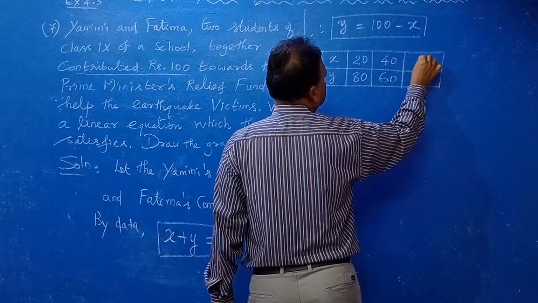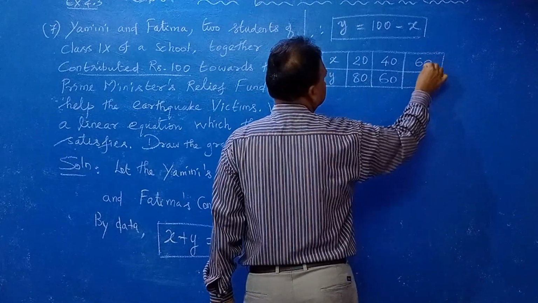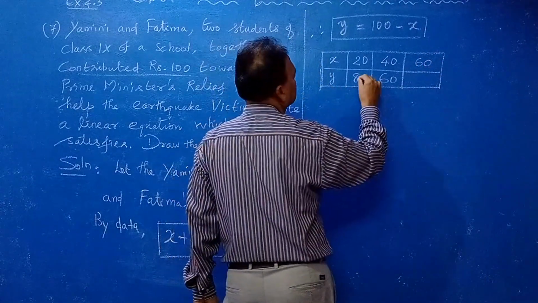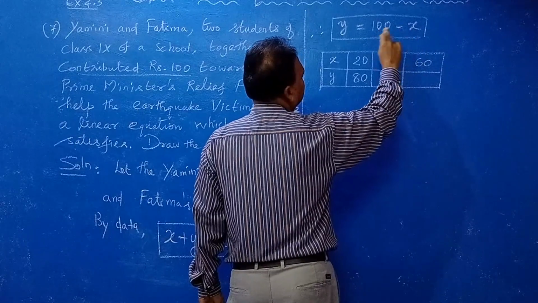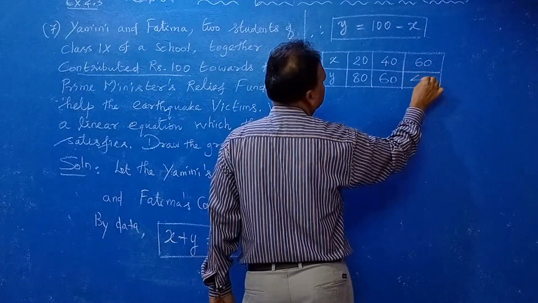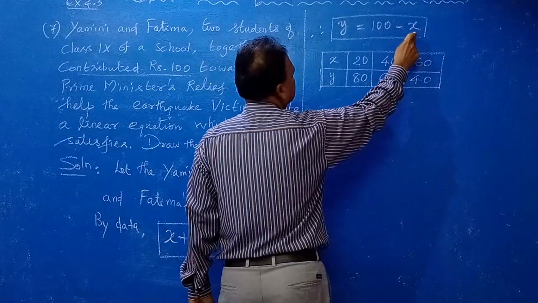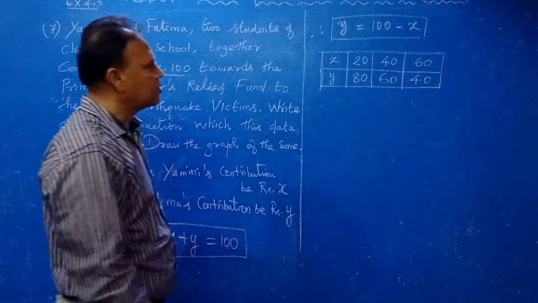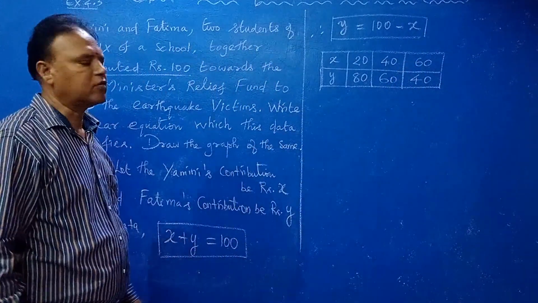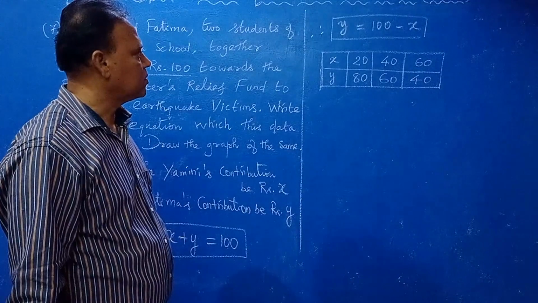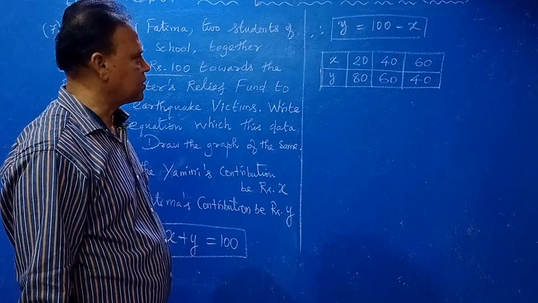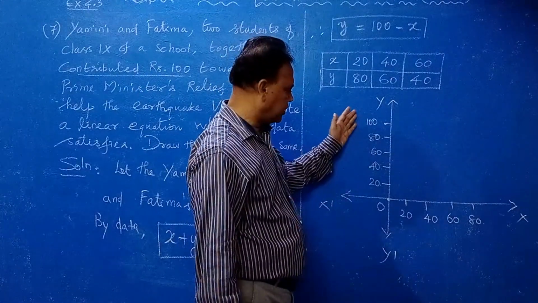Then 60 rupees contributing means 100 minus 60, here 40. So like this easily we can calculate the solutions.